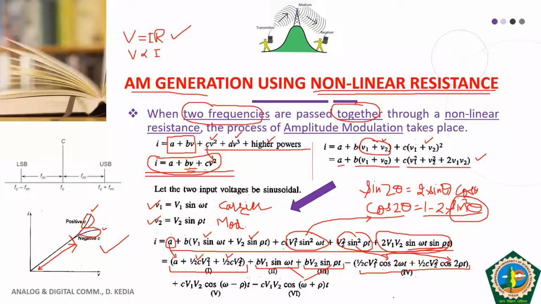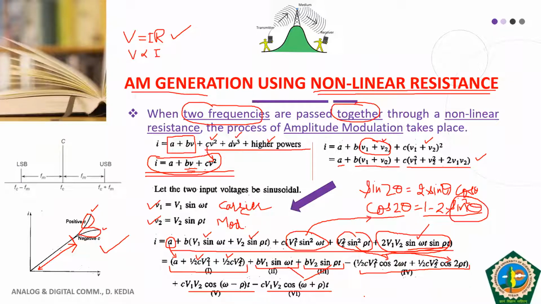Fine. And then if you look at this point, these are the two sine terms multiplied, 2 sine A sine B. And we already know that it comes out to be cos of A minus B minus cos of A plus B. And if you substitute the values in place of A and B, we get these terms, term number 5 and term number 6.